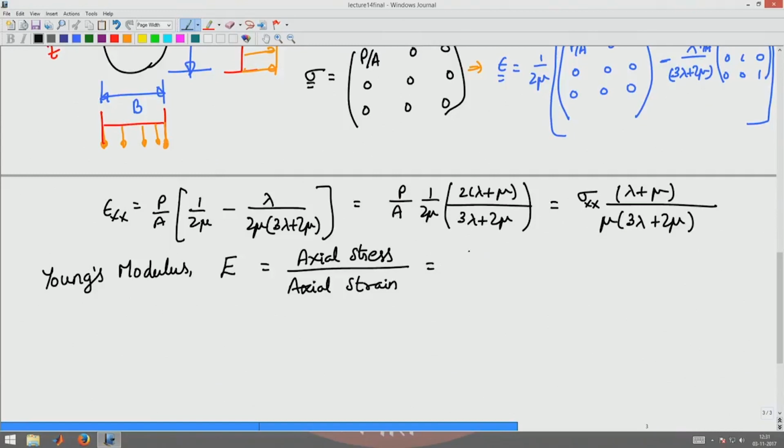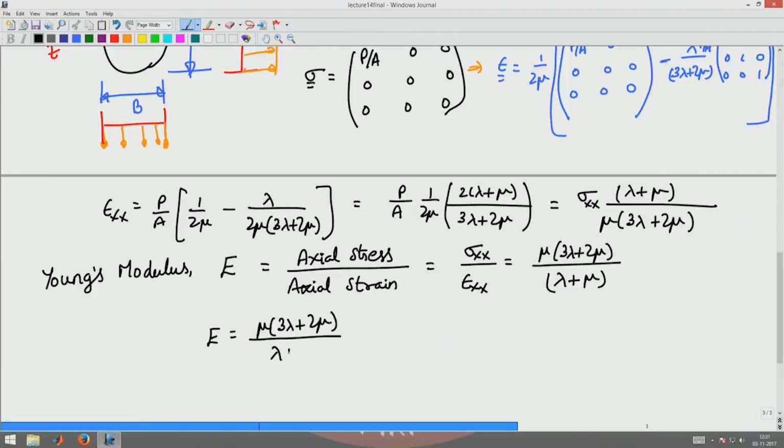In our case that would be sigma xx by epsilon xx, which from the above equation will boil down to mu times (3 lambda plus 2 mu) by (lambda plus mu). Thus, Young's modulus is given by mu times (3 lambda plus 2 mu) by (lambda plus mu).